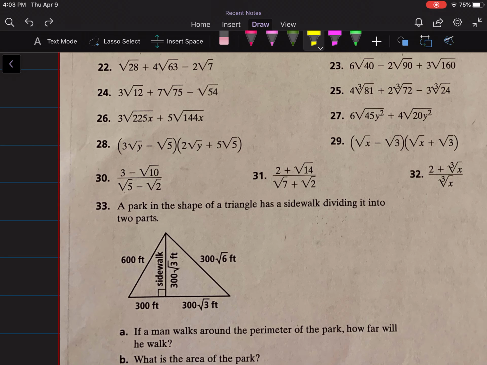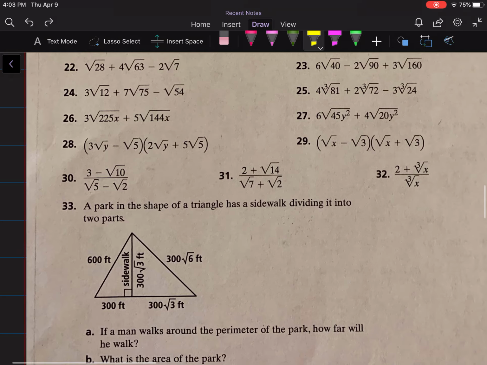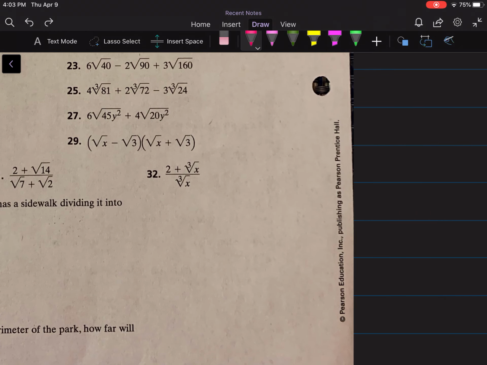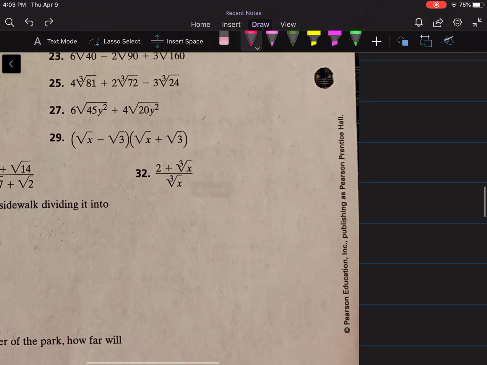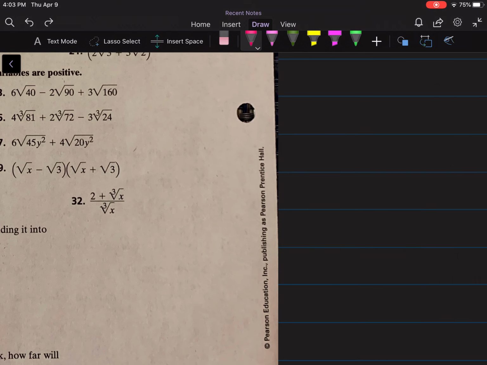Now, for 30, 31, and 32, remember, I'll look at number 32 with you. You cannot have a square root, a root of anything on the bottom. So for 32, we're going to multiply the bottom and the top by root 3x and root 3x. Okay? So root 3x times root 3x is just 1.